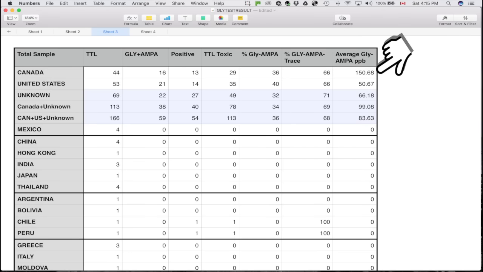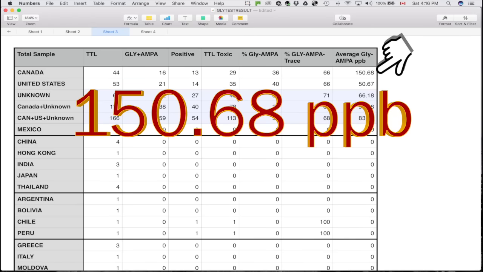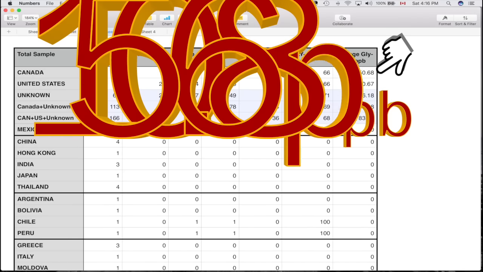And then adding up all that glyphosate and AMPA and dividing it by the total number of samples, which is 44, gives the average glyphosate and AMPA parts per billion quantity for Canadian foods as 150.68, way above any other country.